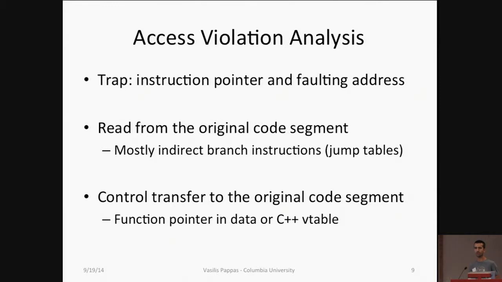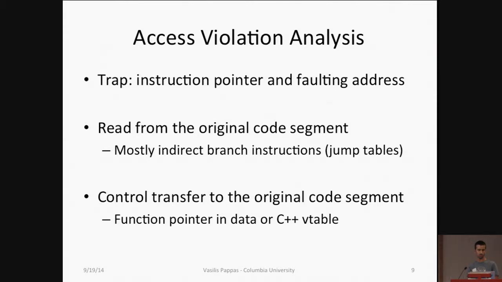In case they are different, it means that an instruction caused a trap based on a different address. This usually means that it's an instruction that's trying to access some memory that is not allowed to. And in our case, this is usually a read from the original code segment, which is caused mostly by indirect branch instructions or jump tables, as we'll see later.